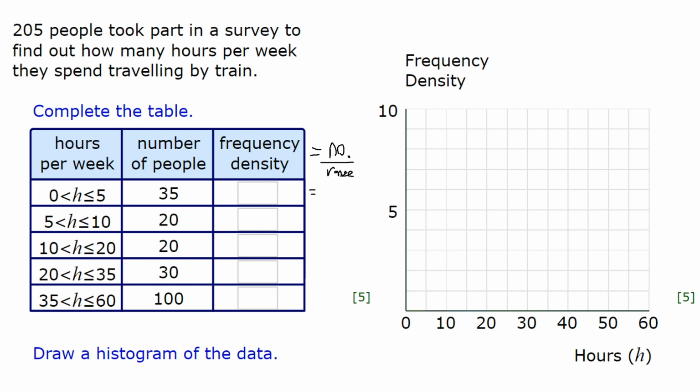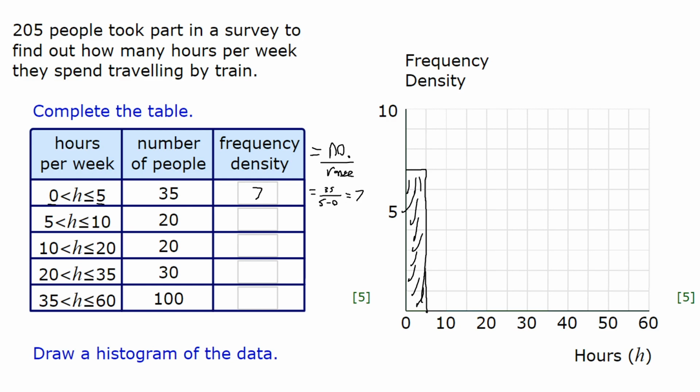So this is just going to be 35 divided by 5 minus 0, and so we get a frequency density of 7. Now, we know that this bar goes from 0 to 5, and it has a frequency density of 7. So this is what this first class will look like.